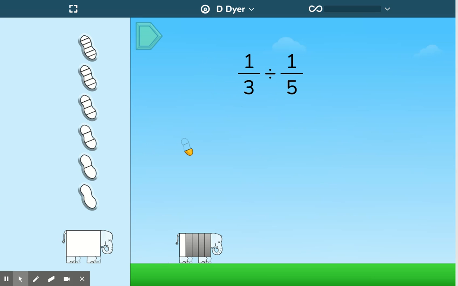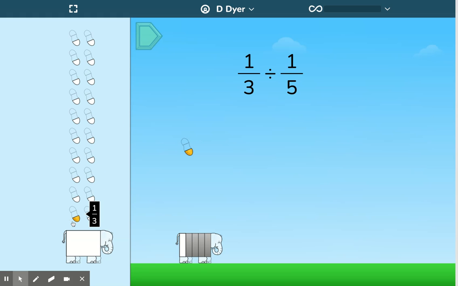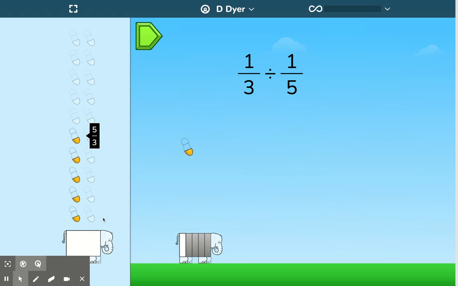So now, how much do I need to fill an entire elephant? Well, if this is a third, a third, a third, a third, a third, I need thirds, and I need one per section. 1, 2, 3, 4. I need 5 thirds per one elephant.